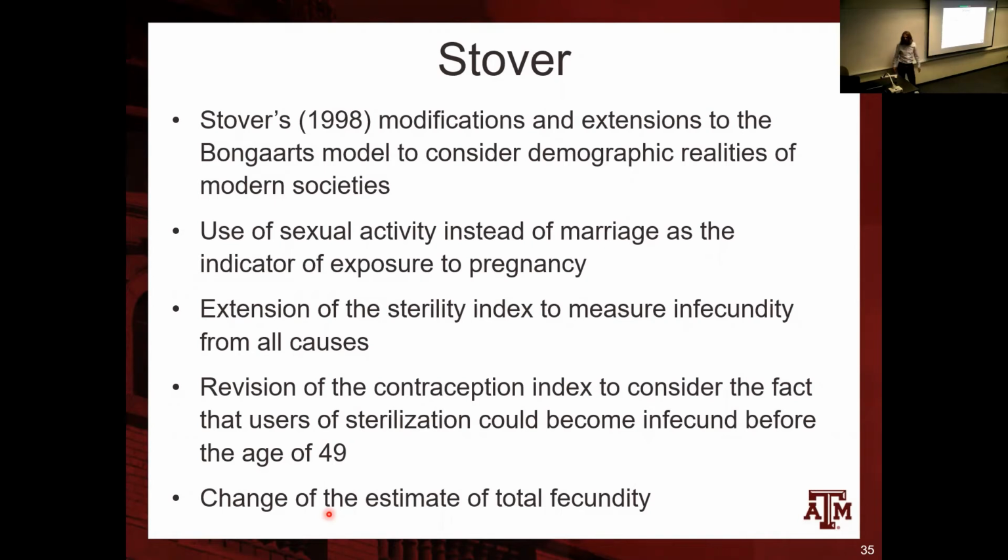Okay? So the main idea here is we calculated all those different fertility indicators, total fertility rate, gross reproduction rate, net reproduction rate. Why are they varying over time? Why is fertility declining?